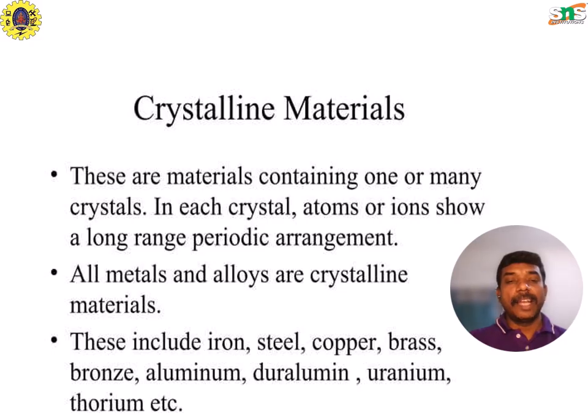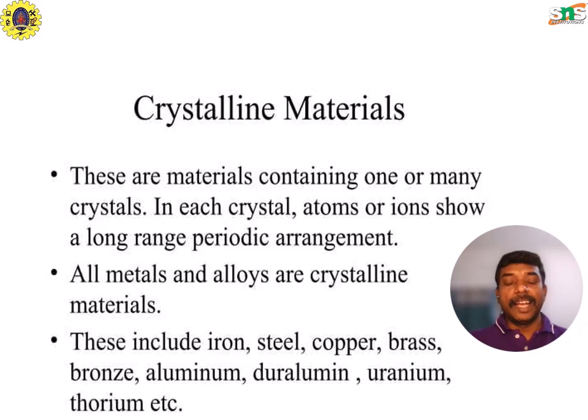All the metals and the combination of metals, we call them alloys, are crystalline in nature. So they can be classified under the title crystalline materials. Say for example, we have a number of materials for different applications. Every material has definite properties, and these materials we use in daily applications such as iron, steel, copper, brass, bronze, aluminium, duralumin, uranium, thorium, etc. All are classified under the title crystalline materials because they have the same microstructure in their body.